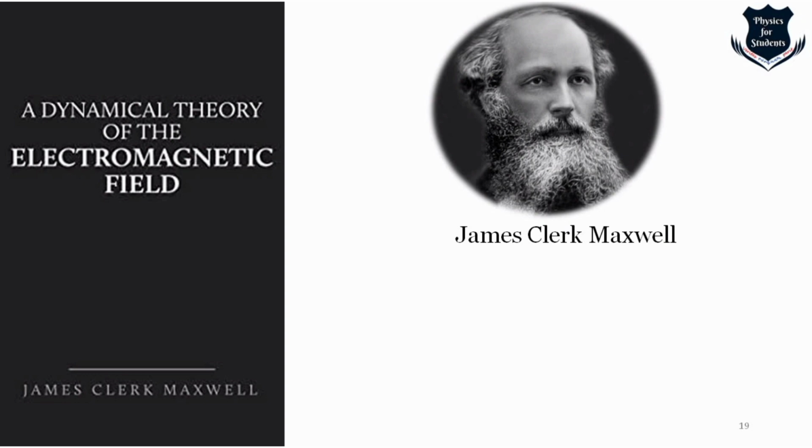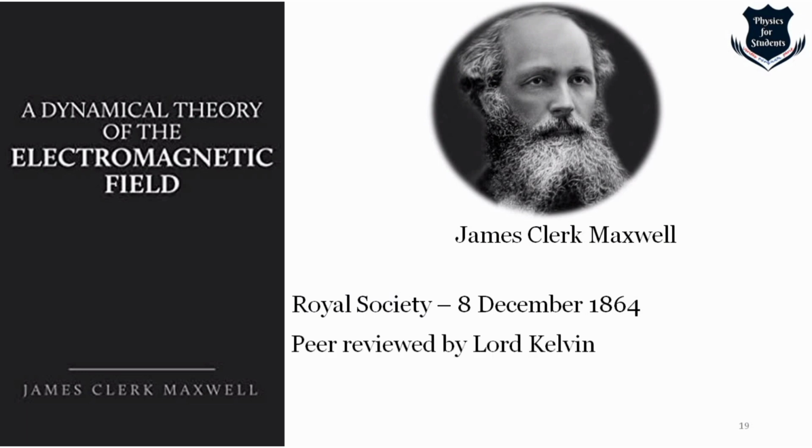Following the procedure of that time, the paper was first read to the Royal Society on 8th December 1864, and it was sent by Maxwell to the Society on 27th October, and it went for peer review. During that time, William Thomson, later known as Lord Kelvin, reviewed it on 24th December, prior to Christmas in 1864, and it was further sent for processing.